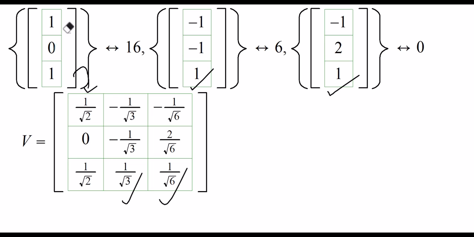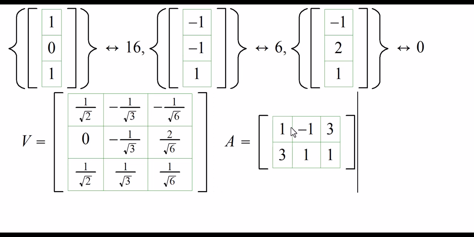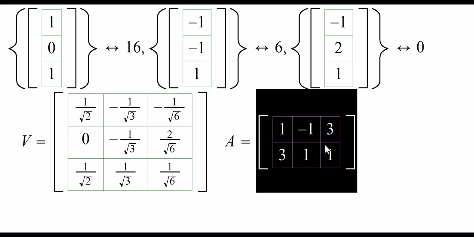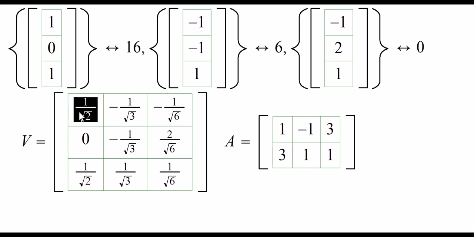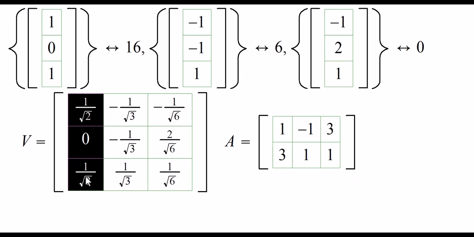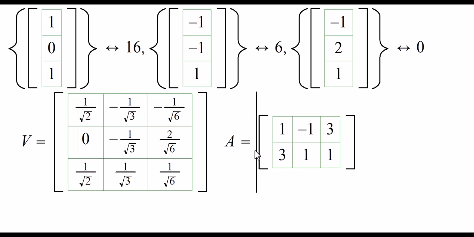And now what we have is this, that is, let's notice this here, that is, if we go ahead and bring our vector A back, and we multiply A by this unit eigenvector corresponding to 16, we are going to get 16.